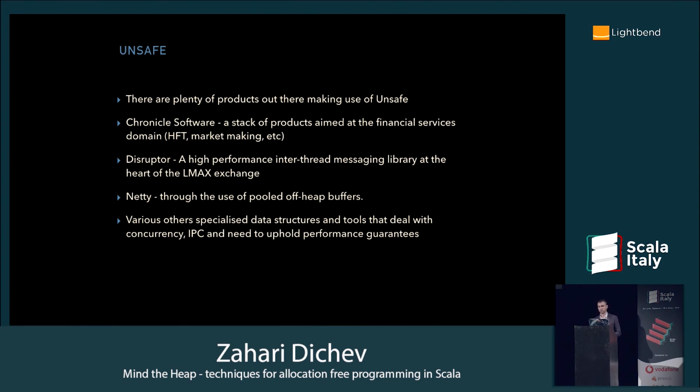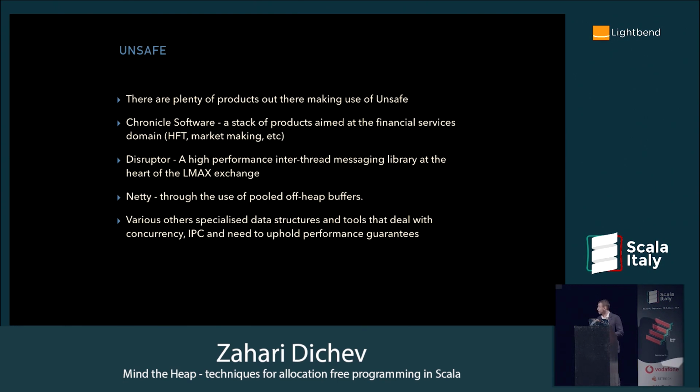They use that software quite a bit. You have the Disruptor, which is quite a high performance inter-thread message fabric that I think Martin Thompson was one of the drivers behind, and it's at the heart of the LMAX exchange, which I think to this day is one of the fastest financial instruments exchange out there.